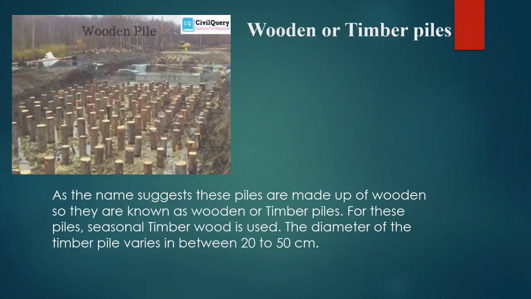Length of a pile is taken 20 times that of its diameter. For example, if 25 cm is its diameter, then length is equal to 20 times 25.